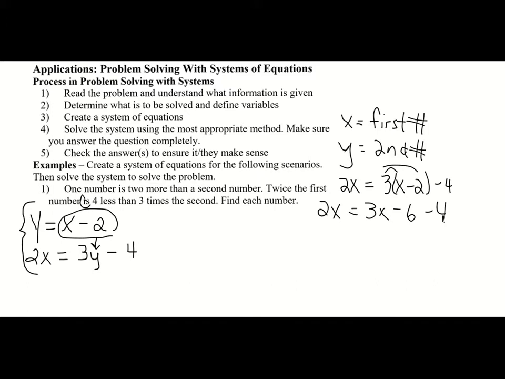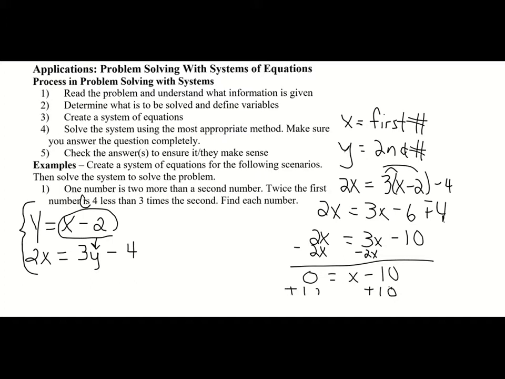And then when I simplify that, I get 2x is equal to 3x minus 10, because that's a negative and a negative, so minus 10. All right, and let's see here. I am going to subtract 2x from both sides. So I have 0 is equal to x minus 10, and then I'm going to add 10 to both sides to get x by itself. So here we know that x equals 10.